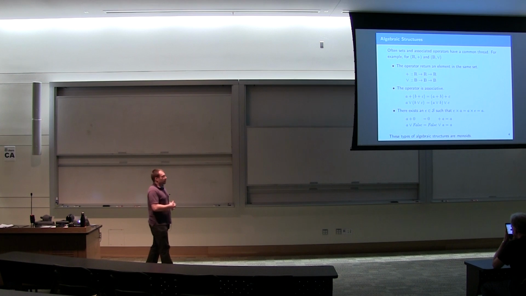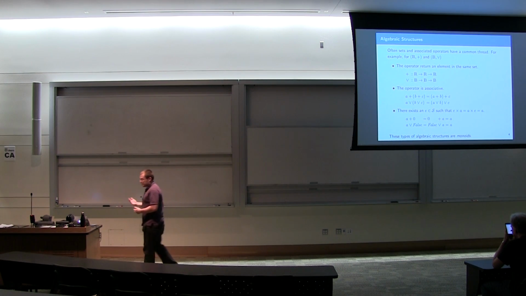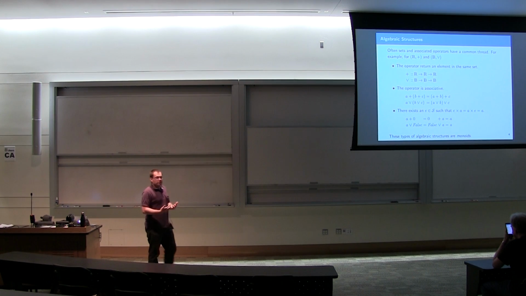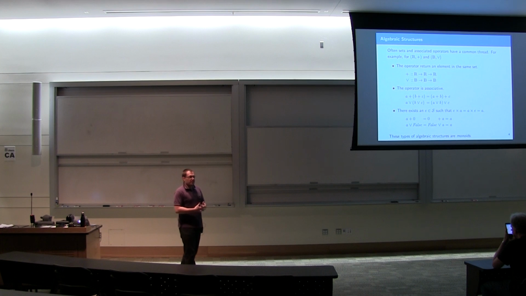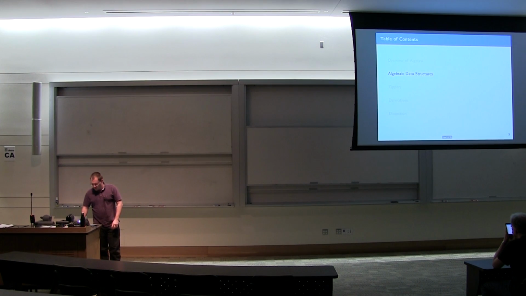If you have something or false, then it's just whatever the truth value of A is. So both of these are described by the same algebraic structure. They're described by monoids. Monoids are basically just sets with a binary operation that follow these 3 rules. So not too complicated.